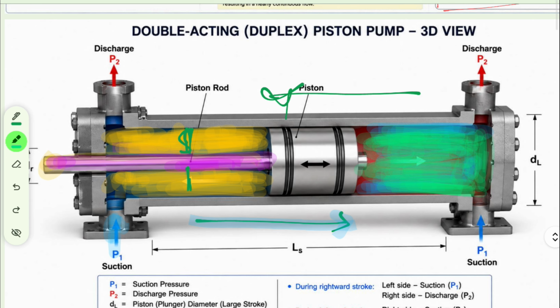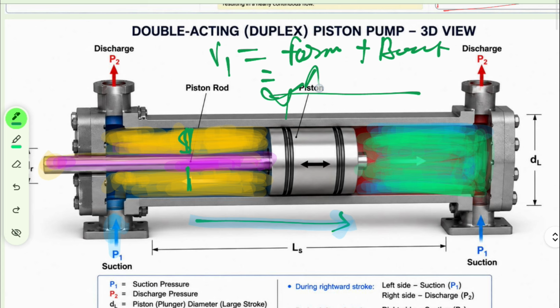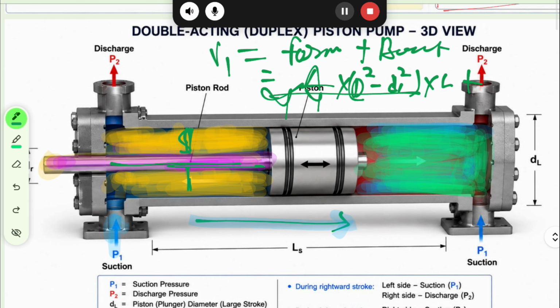So when you calculate the total volume, V1, that is forward volume, plus backward volume, when the piston is moving forward, the volume is pi by 4 D square minus small d, we need to subtract, because this much amount of volume we are not filling, and plus L plus something. We will jump into the derivation part, don't worry about it.